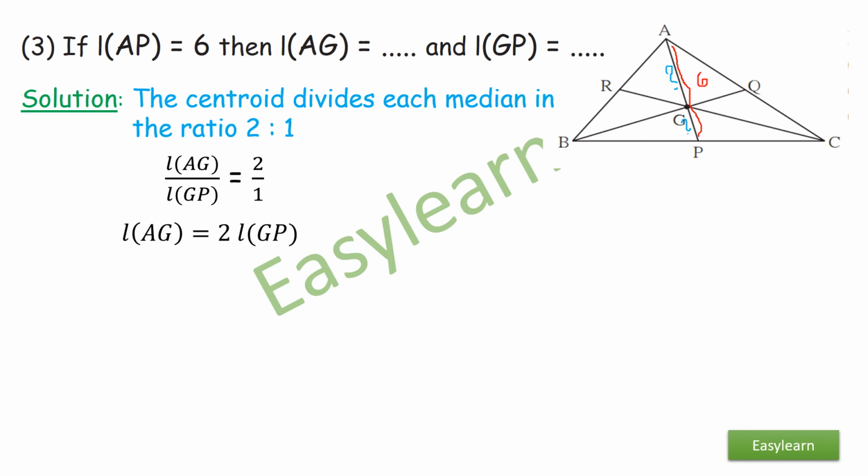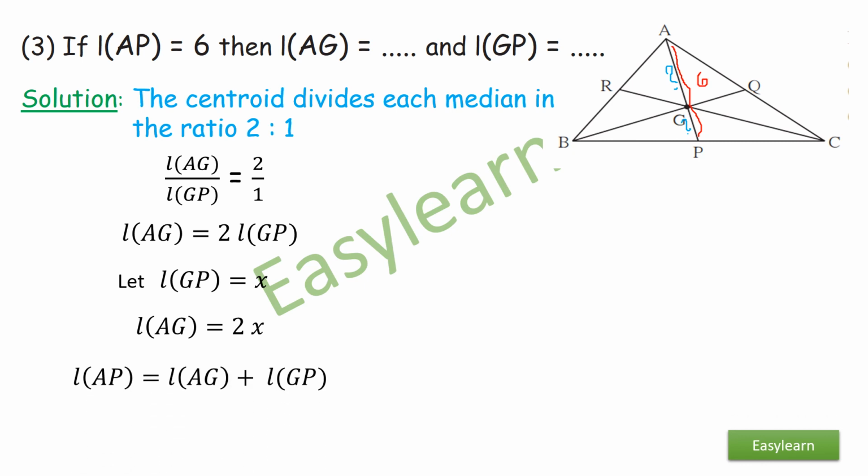Now suppose GP is x. Let us assume GP as x. So length AG will be 2 times x. Now length AP is equal to length AG plus length GP. So let us substitute the values. Length AG is 2x and length GP is x. So we get 6 is equal to 2x plus x.